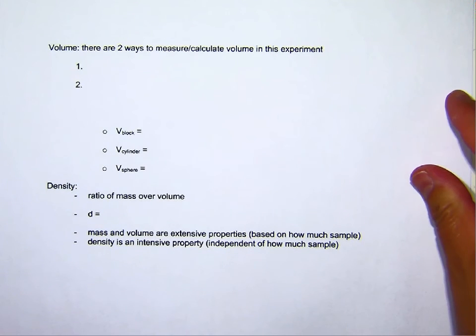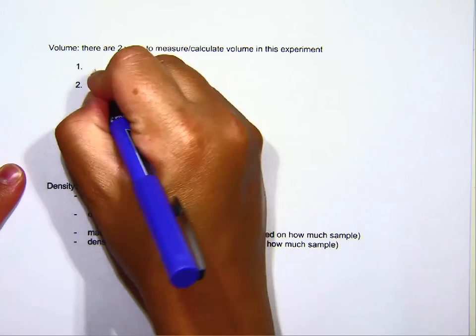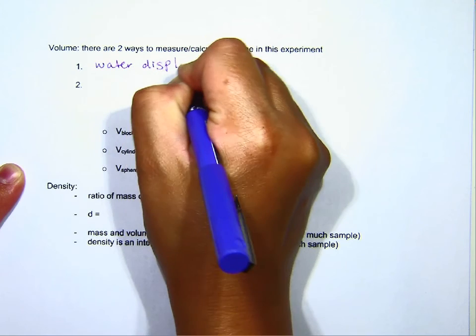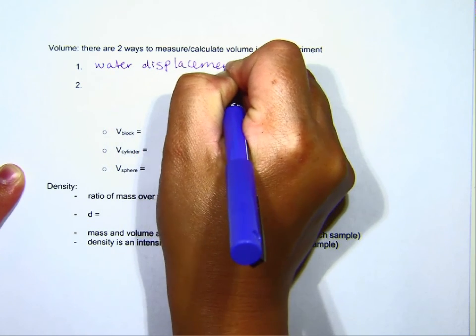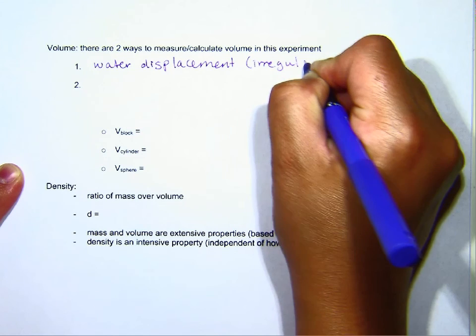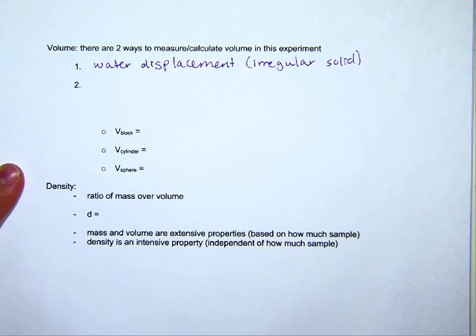There are two ways that we're going to be measuring or calculating volume in this experiment. One way to directly measure the volume of something is to use the water displacement method. With the water displacement method, we're going to be measuring irregular solids. In this case, it will be the metal shot.